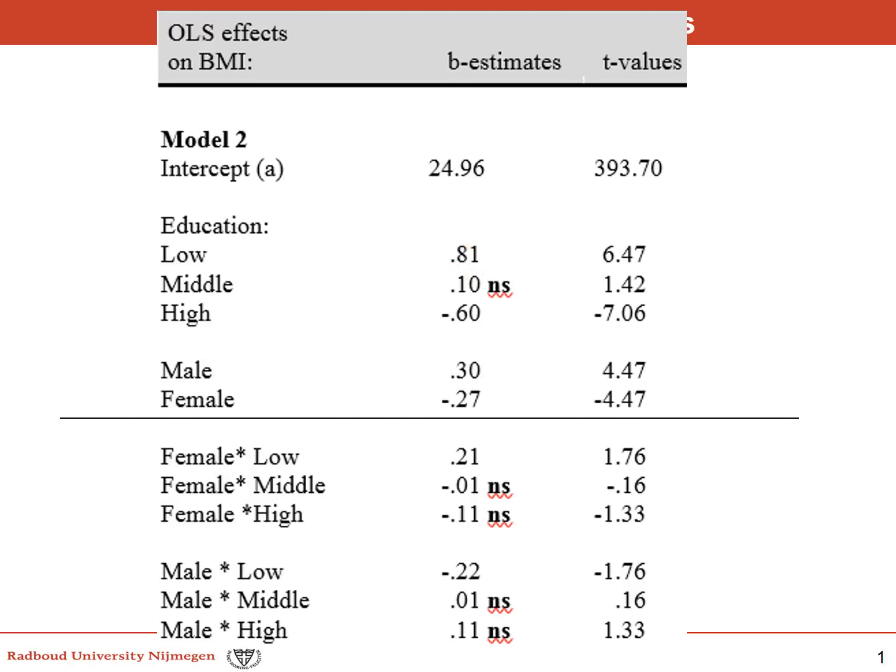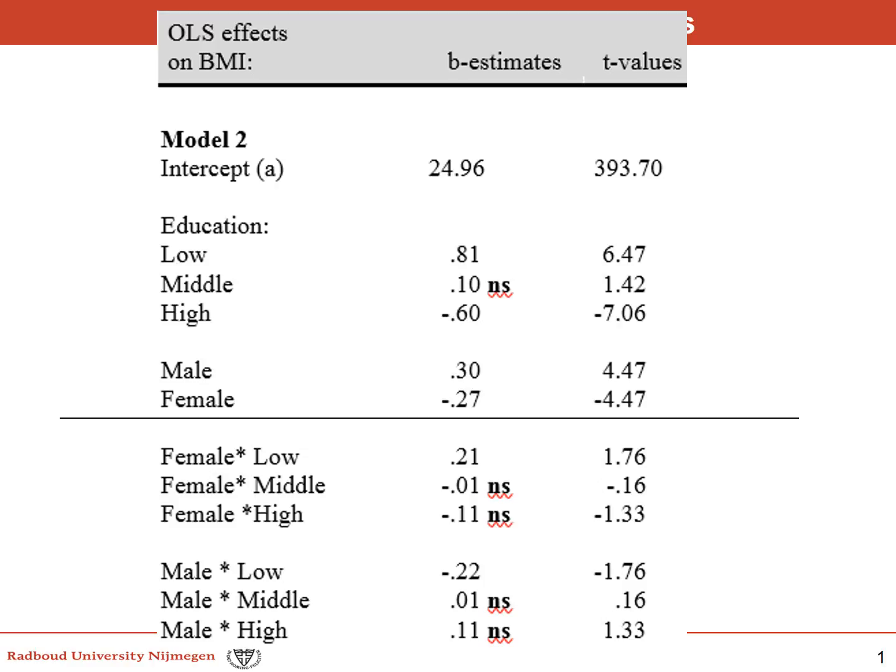So the low educated females do not have a body mass index of 0.81 above the sample mean. No, they have a body mass index that is almost 1 over the sample mean. So that's 0.81 plus 0.21.